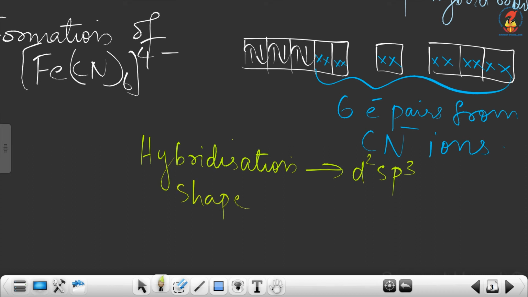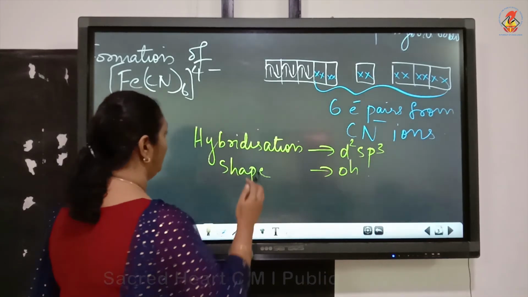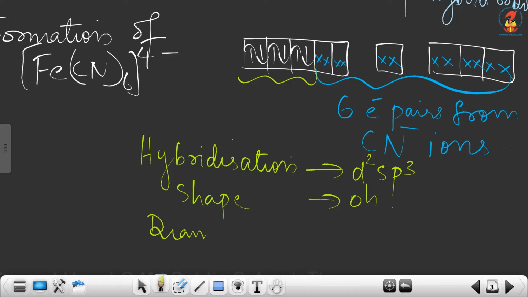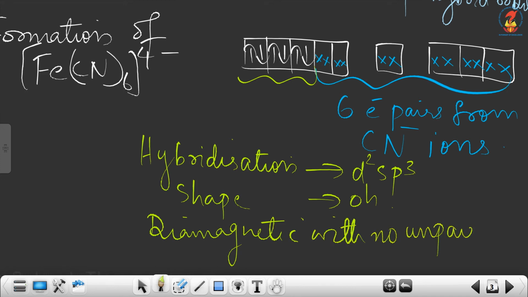Shape is octahedral. Now, what about the paramagnetic character or magnetic character? It is diamagnetic. Look here, no unpaired electrons, so diamagnetic, and whenever you write diamagnetic, write with no unpaired electron.